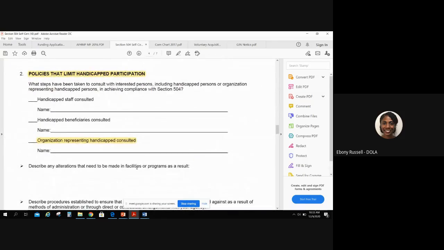We're asking that you develop policies that increase participation for individuals with disabilities.